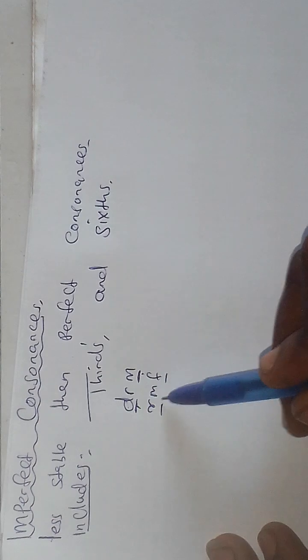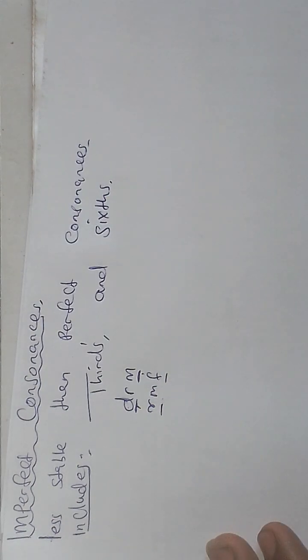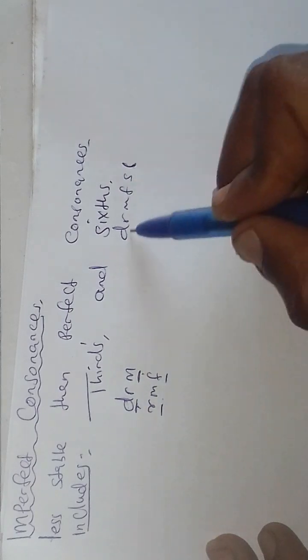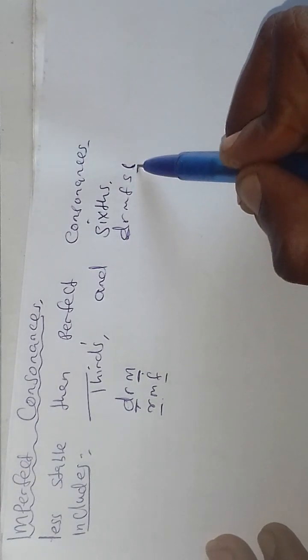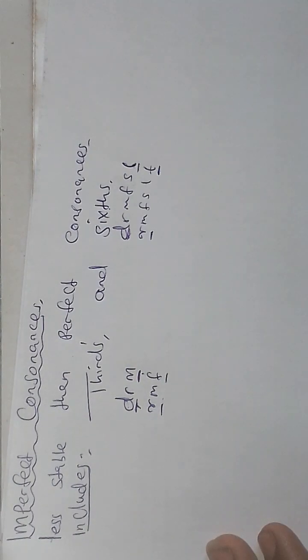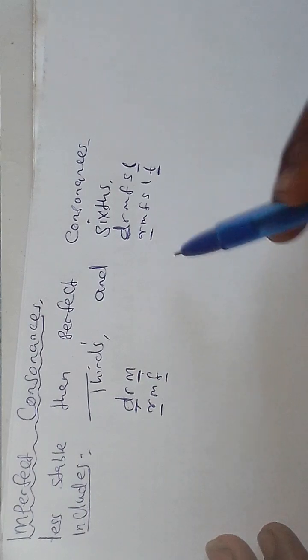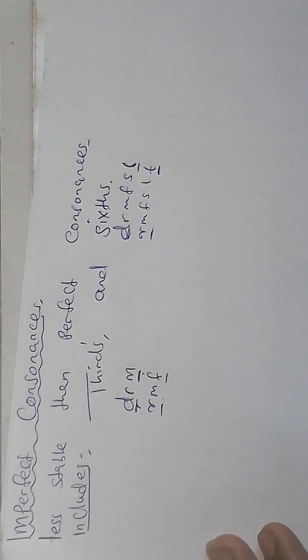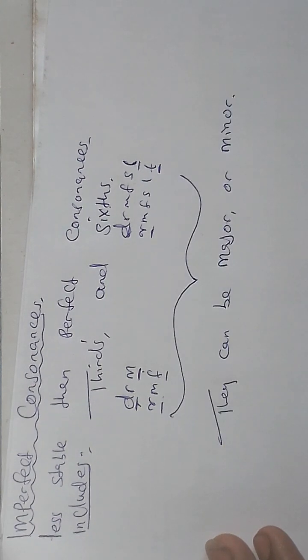One thing about the two: they can be major or minor. Some minutes back, we talked about a minor third and a major third. Don't worry if you get confused about how to determine major and minor.